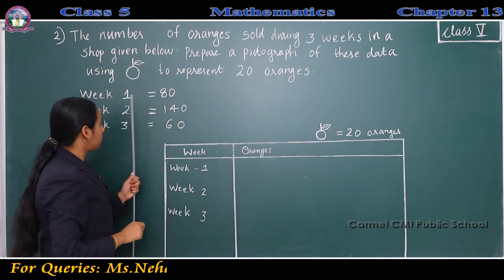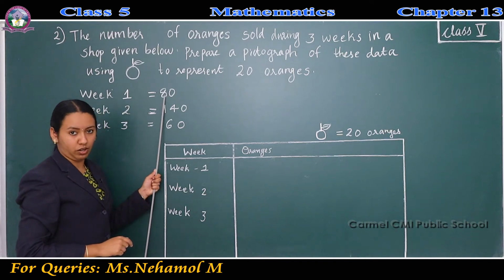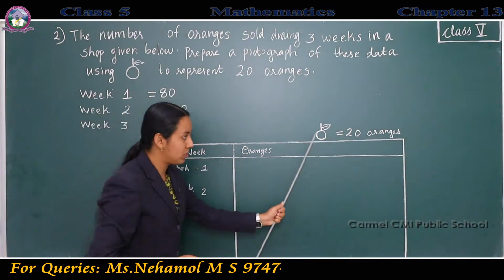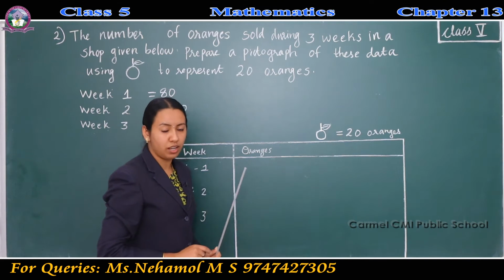Then week 1, 80 oranges. One picture represents 20 oranges.